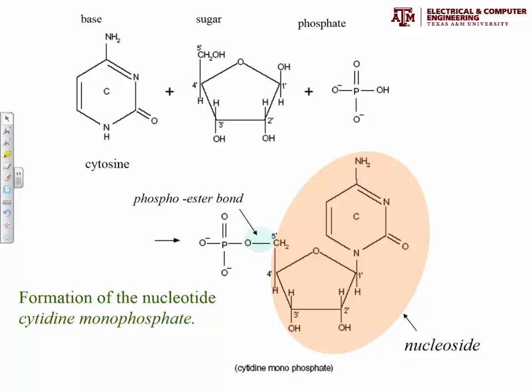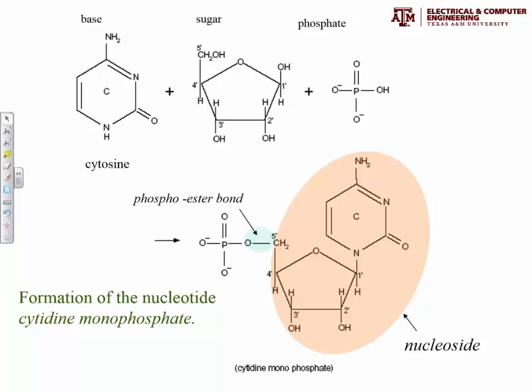Well, the 1' here is going to link up to this one location on the base. See? That 1' here is linked up to that N. You take this sugar, stick it in here. A water molecule is eliminated, but this now is linked to that nitrogen at the bottom. Then you have the 5' end of the sugar sticking out.